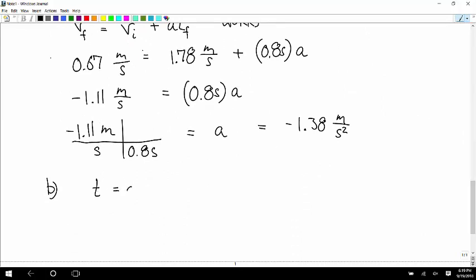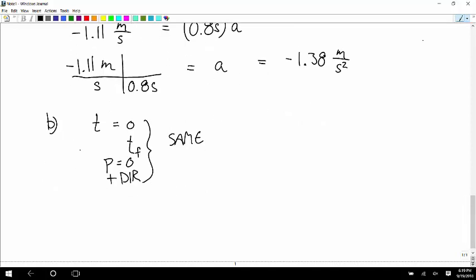So time equals 0, time final, position equals 0, positive direction. We'll keep those the same. And what's nice about keeping all those the same, if you can, is then all the stuff you knew before, you still know. So we still know that time final is 0.8 seconds.